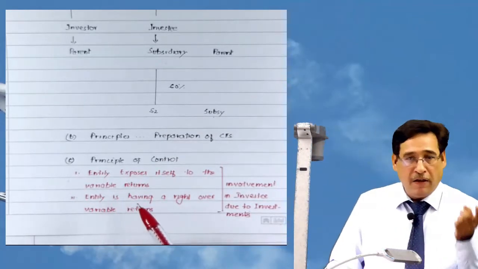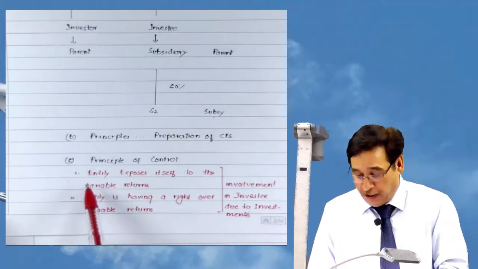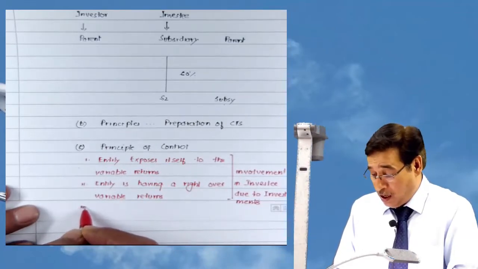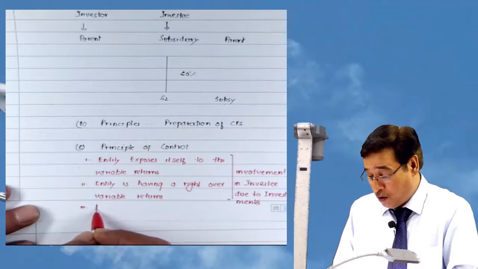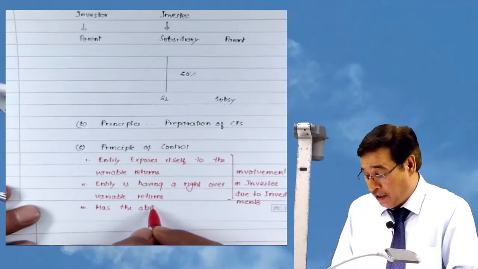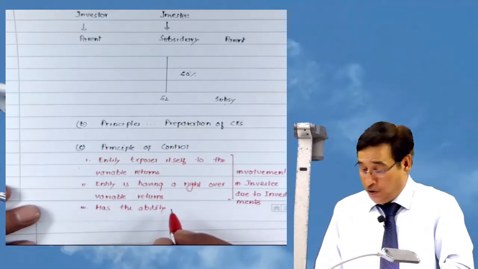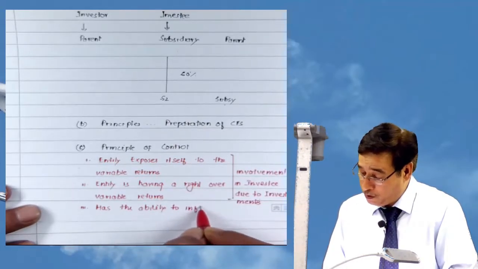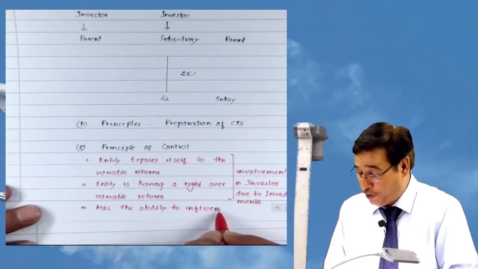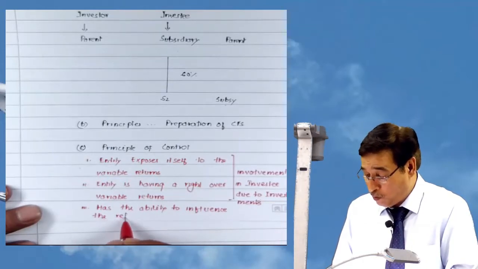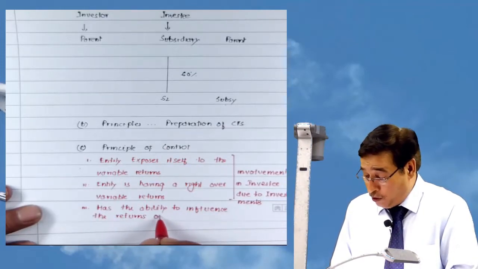Principles of control. An entity is said to be in control of the other entity when, one, two, and third: the entity has the ability to influence the returns on account of power.